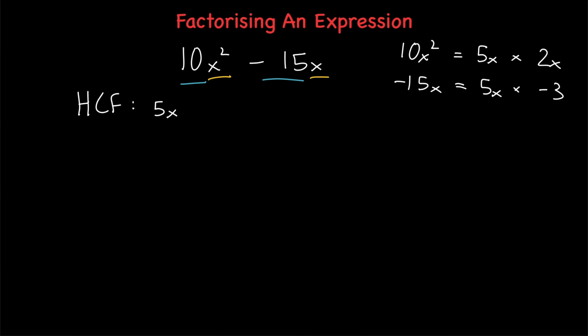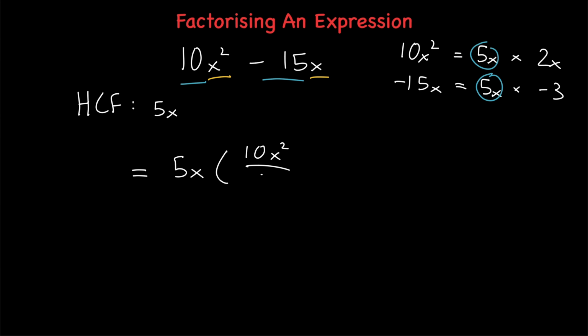So because over here we can see that 5x is used to make both of those terms, it is our highest common factor. So then rewriting this expression, on the outside of the brackets, we put the highest common factor. And then inside the brackets, each term divided by the highest common factor.